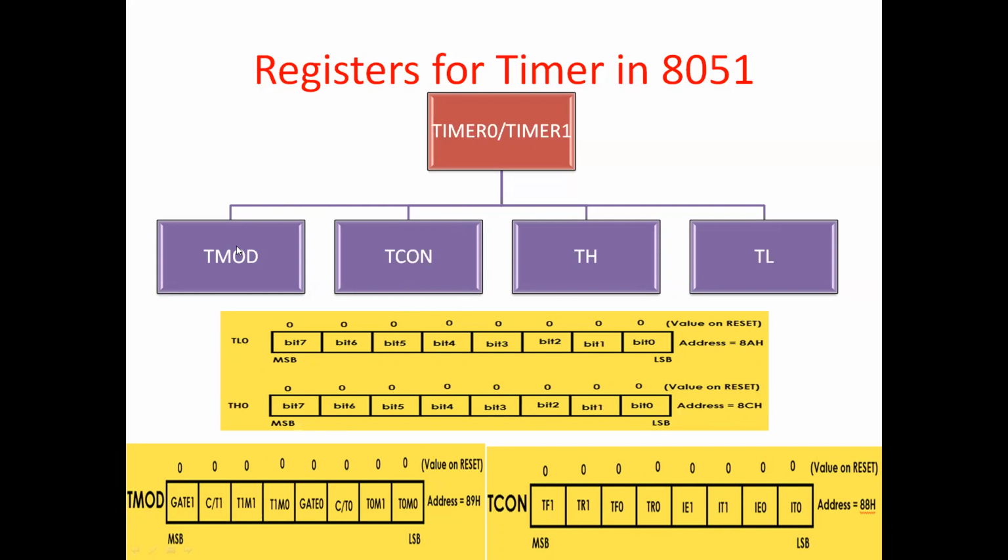One is TMOD, which defines in which mode you are operating the timer. TCON defines how you control the timer, whether to start or stop it, and so on. Each bit has specific significance in the TMOD and TCON registers. We'll see those one by one.